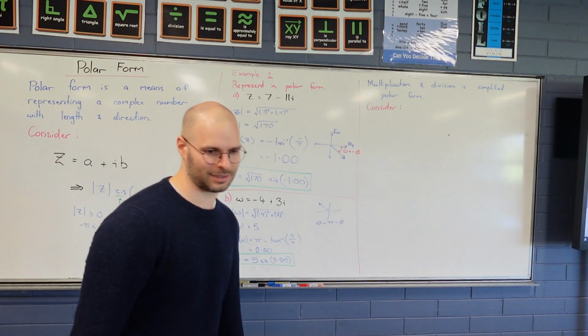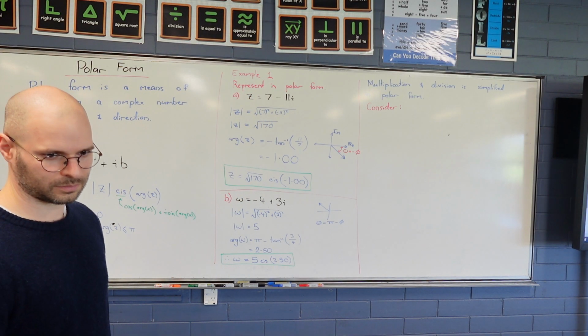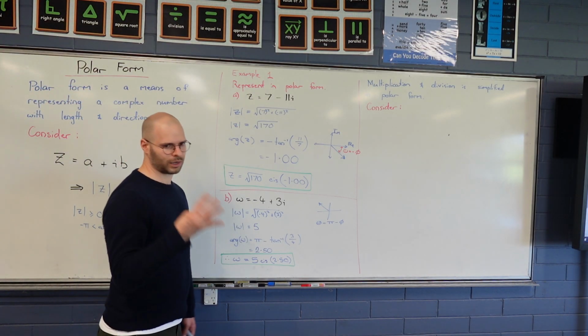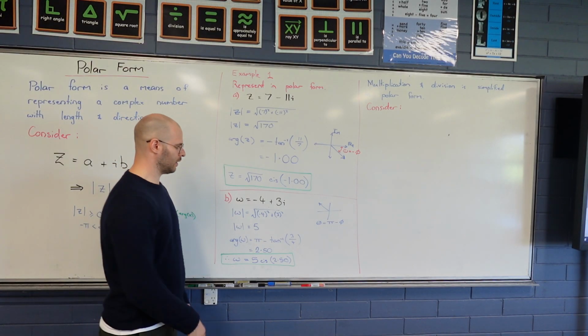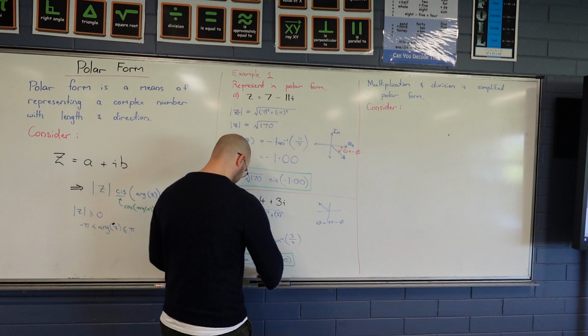Yes, Maya. Is it the angle? Which angle is it? It can be one of four. The angle itself is always going to be measured, we'll do it in orange.